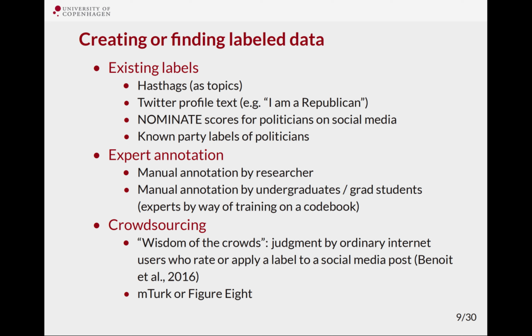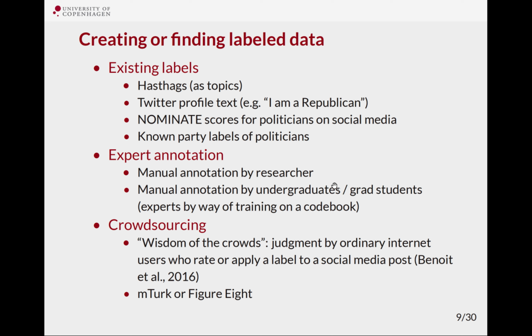You could go one by one, creating a code book, and I'll show you one in a second. Creating a code book which determines the rules that you are going to go by when you classify a specific tweet as uncivil or civil. And then you just go tweet by tweet, labeling them as a 0 or a 1. A 0 if it's civil, and maybe a 1 if it is uncivil.